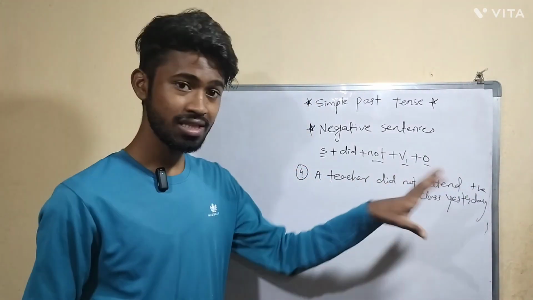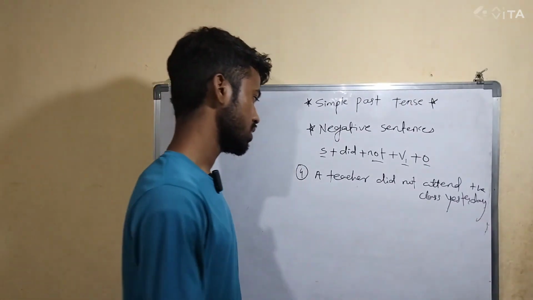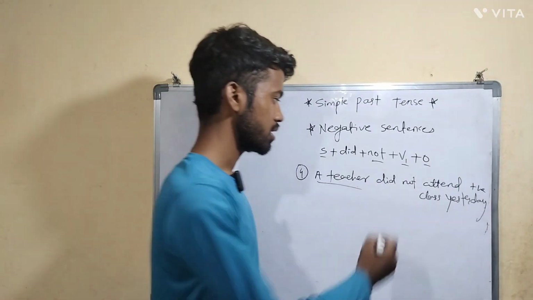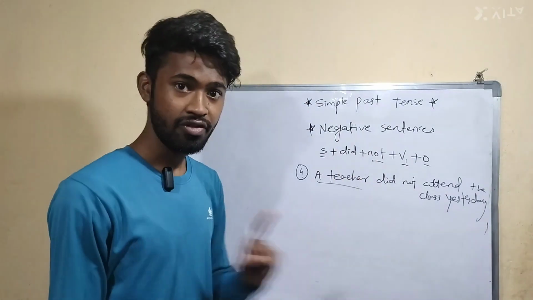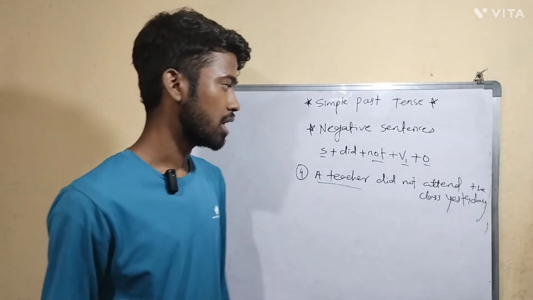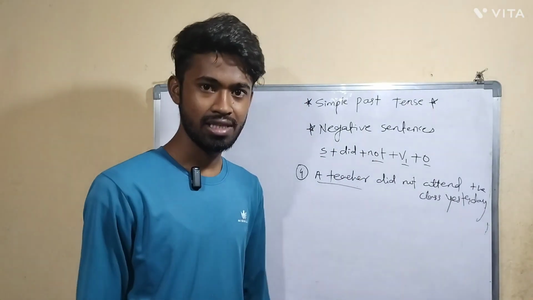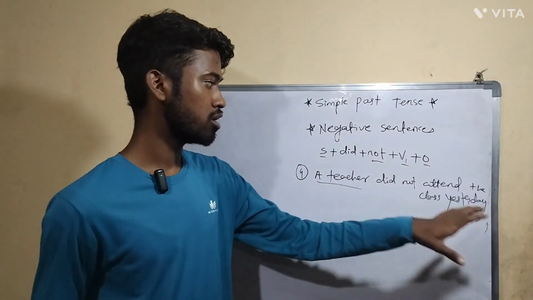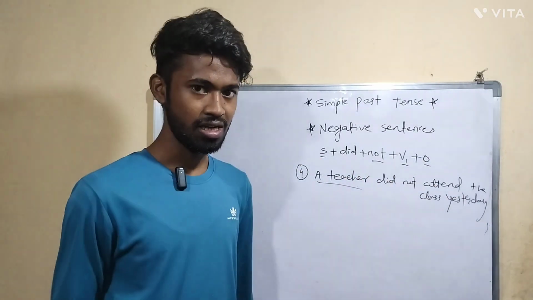Our teacher did not attend the class yesterday. Now our teacher is singular, right? Our means one teacher. So this is singular. Did not for negative. Attend is the first form of verb, and in the last, the class is the object. So this is the example: a teacher did not attend the class yesterday.